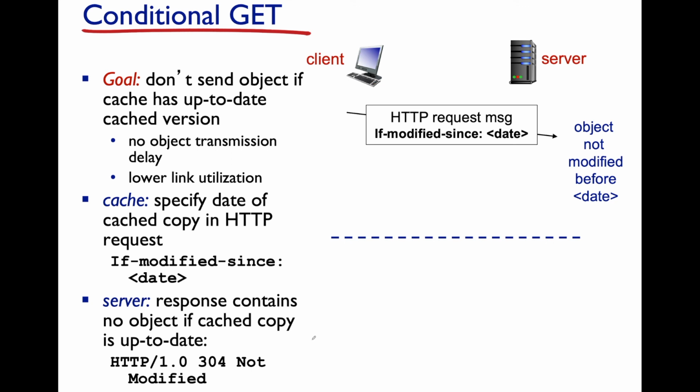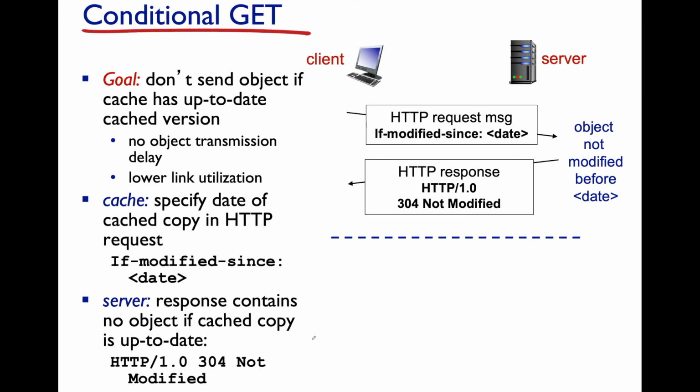It issues an HTTP request message: give me this JPEG file, for example. And it says, if modified since this date. So let's say the object is not modified before that date. Then it responds back, "Oh, it has not been modified. We have the same version."